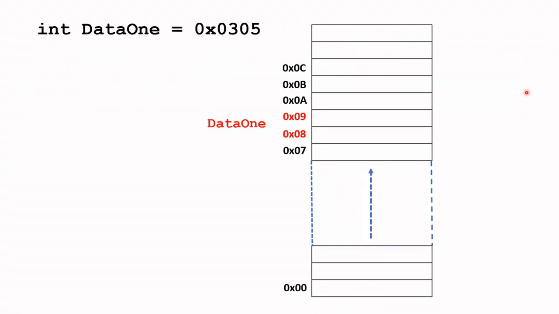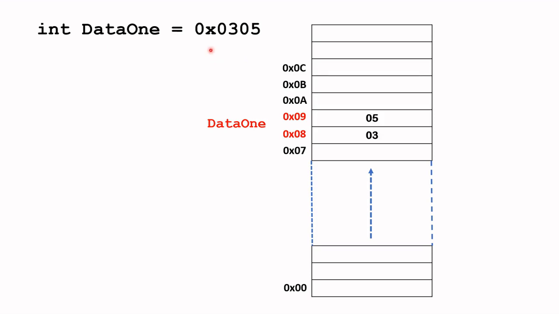Okay, so I would like to just summarize what just happened with the demonstration code. So here is a block diagram representation of the data memory. With this instruction here, int data1 assigned 0305 hexa, the compiler has allocated locations 08 and 09 for data 1.